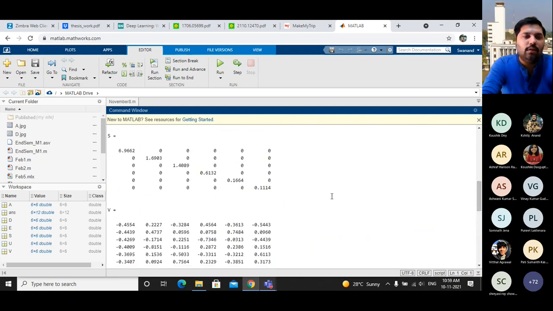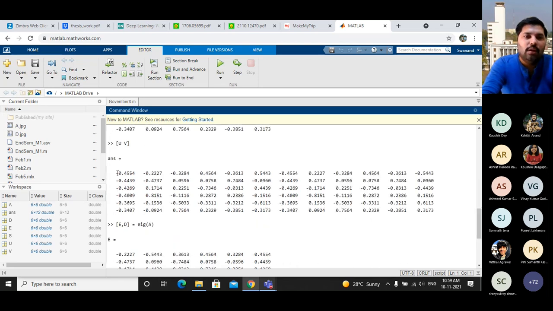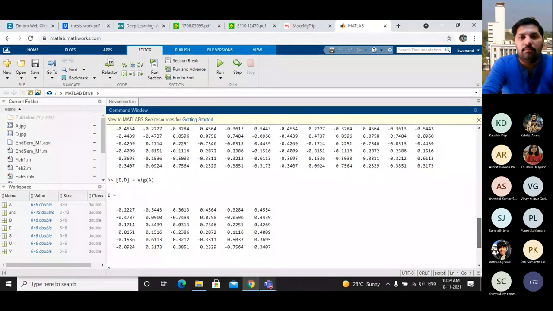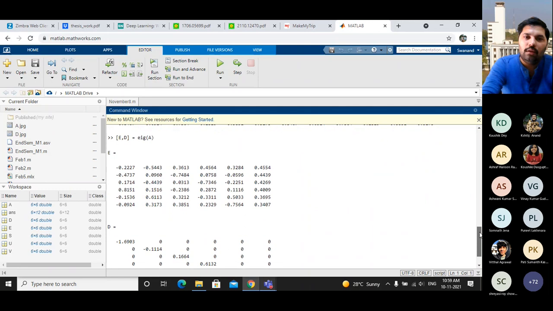What is the singular value here? 6.9662. What is the singular vector corresponding to this singular value? It was minus 0.455, so all the signs are negative. And here, what is the vector corresponding to this? Is it the same vector except for the sign difference? You can see this vector and this vector are the same except for the sign difference. Kaushik, can you see? Yes, sir, they're the same.